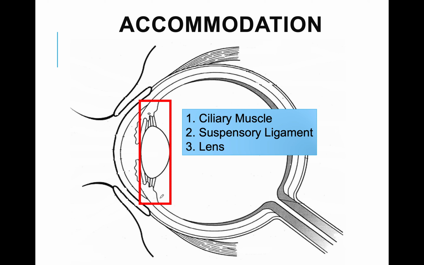Here we have the components then for accommodation, those parts of the eye that are responsible for this. These larger structures here are known as the ciliary bodies, and the ciliary bodies contain the ciliary muscle. Then we have the suspensory ligaments from the ciliary muscles onto the lens itself.